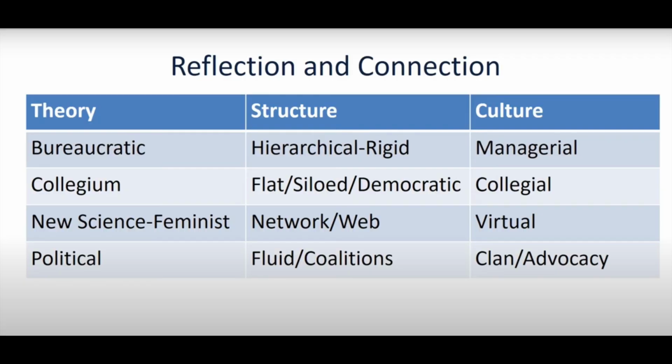Structural frameworks like the collegium, for example, connect naturally to cultural models like collegiality, where shared governance is not just policy, it's a lived value. Similarly, newer models like the virtual culture reflect shifts toward more flexible, decentralized, and networked ways of working, aligning closely with feminist and postmodern perspectives in organizational theory.